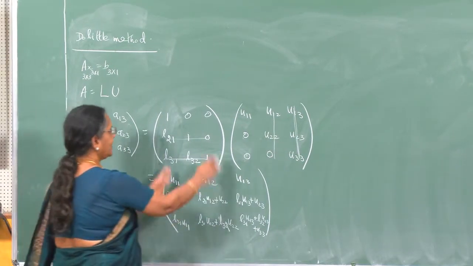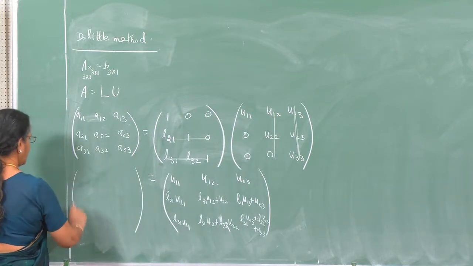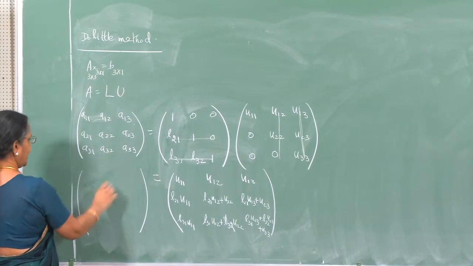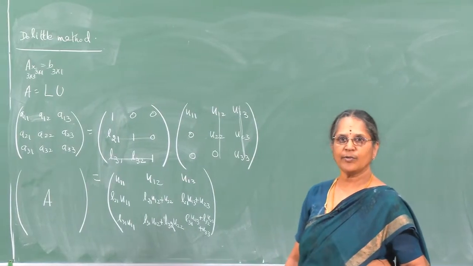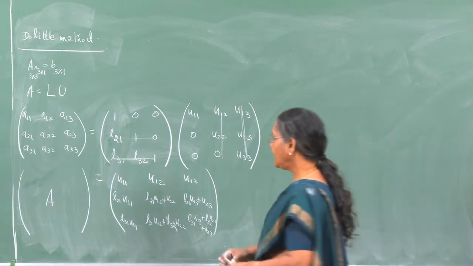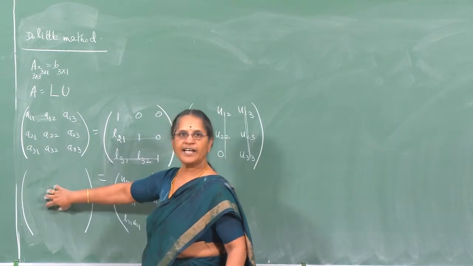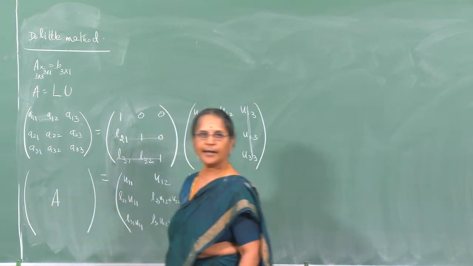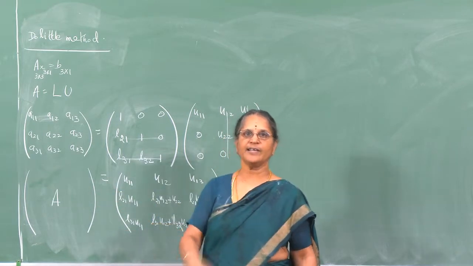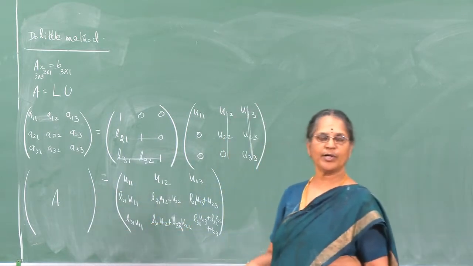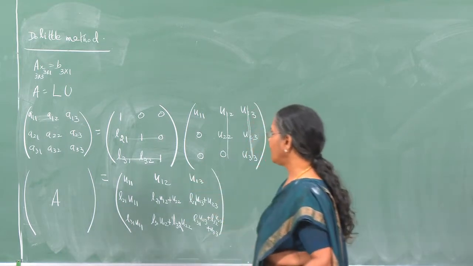So, we have obtained the product of L into U, and that must be equal to the entries in the matrix A. When do we say that two matrices are equal? When the ijth entry in this matrix is the same as the ijth entry in the matrix A. So, we equate the ijth entry for i = 1, 2, 3, j = 1, 2, 3 and obtain the unknowns which appear here.